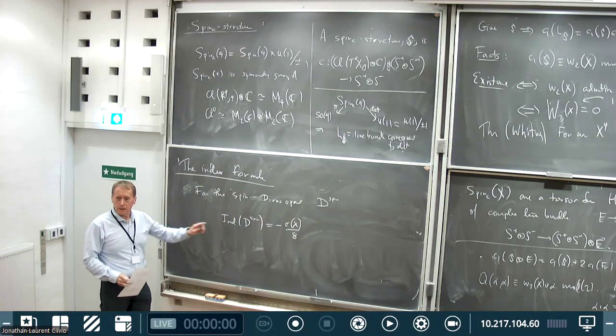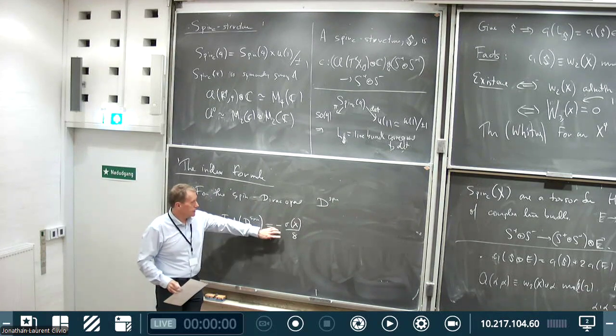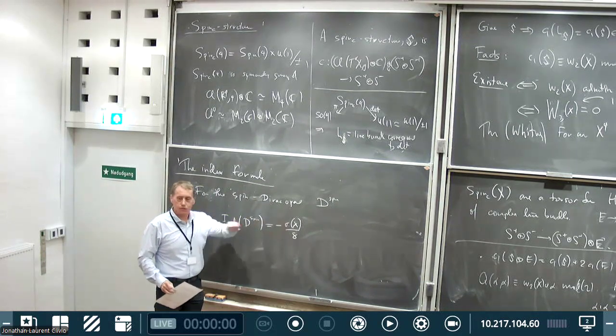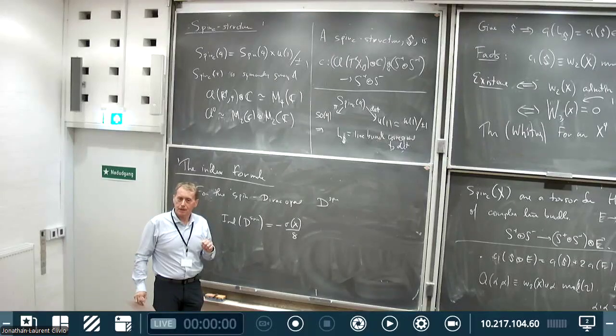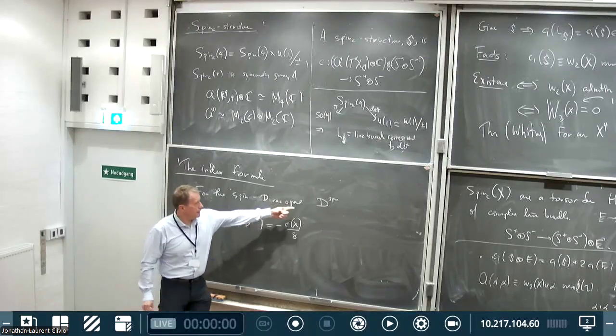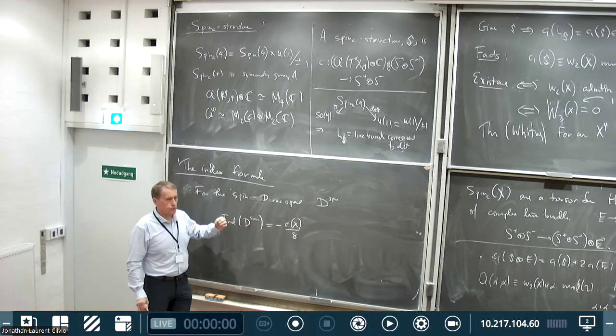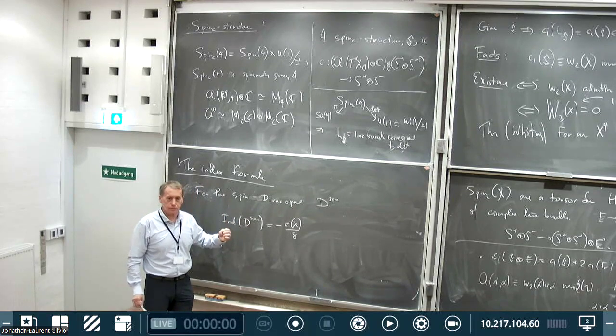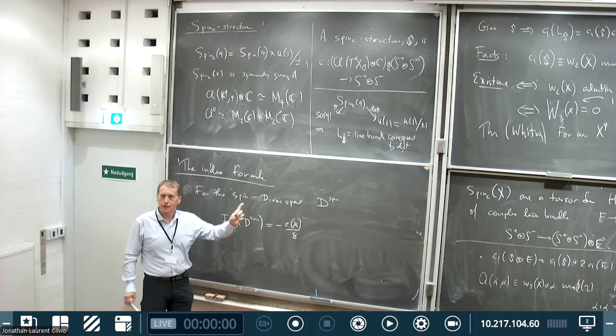Okay, now that's really interesting when you think about it. It's saying the signature is divisible by 8. And remember, if it's spin, then w2 is 0, so that means the intersection form is even. And you say, well, okay, great. We saw from the previous lecture that actually the signature was divisible by 16.